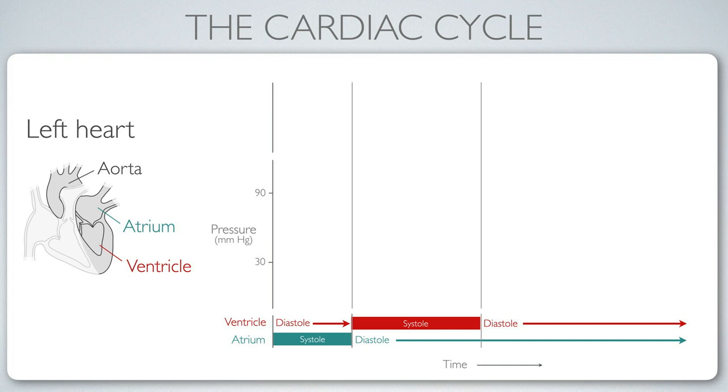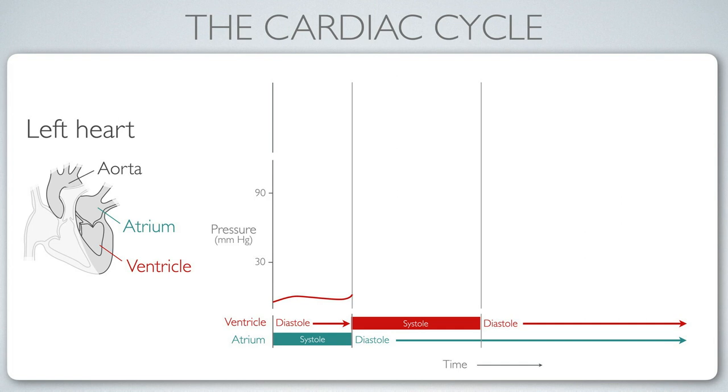And we're going to first instrument the two chambers with a pressure transducer. So during atrial systole, the ventricle pressure is quite low. This is not surprising because the muscles are inactive at this point in time. The atrium is active.